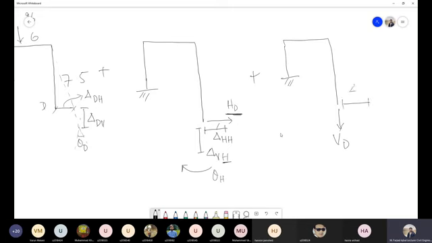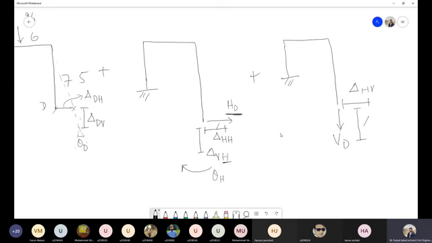I will call this delta VH. That means vertical deflection. Sorry, it should be delta HV. Horizontal deflection at this point due to vertical load.